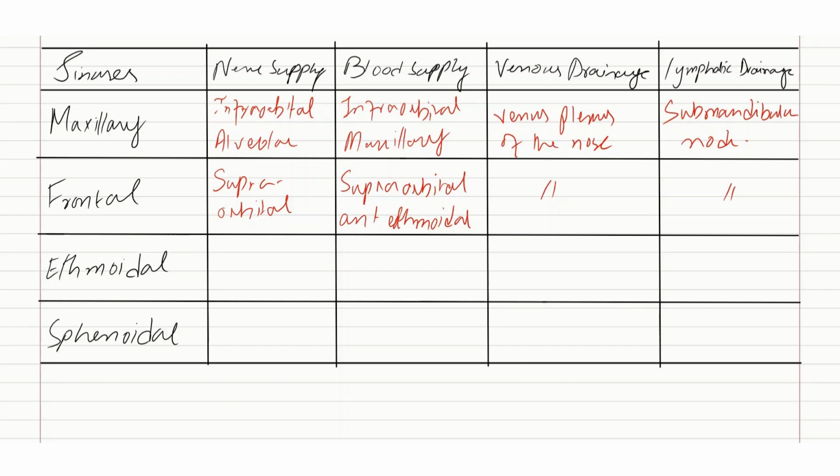The ethmoidal sinus is supplied with nerve supply anterior and posterior ethmoidal nerves and orbital branches of the pterygopalatine ganglion. The blood supply is through the anterior and posterior ethmoidal arteries and sphenopalatine artery.